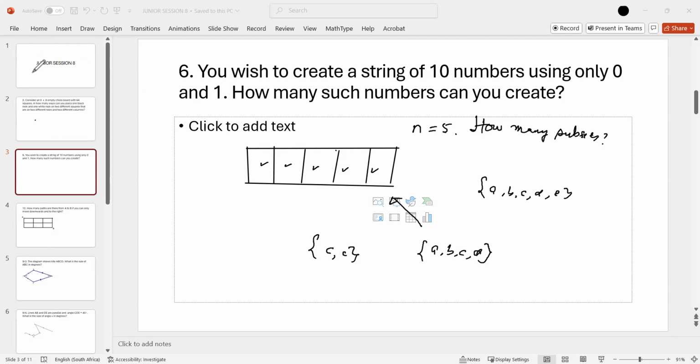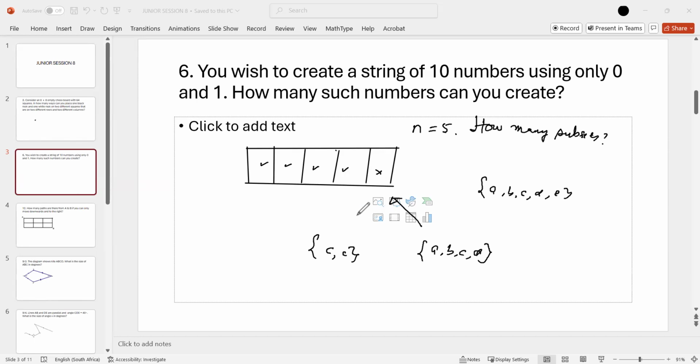And for the E box, I'll have to put a cross there to show that it's not in. So if it's not in, I put a cross. If it's in, I put a tick. So the question is, how many ways can you fill this thing up with ticks and crosses?